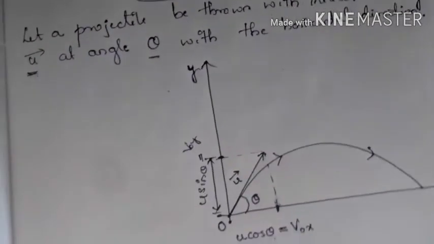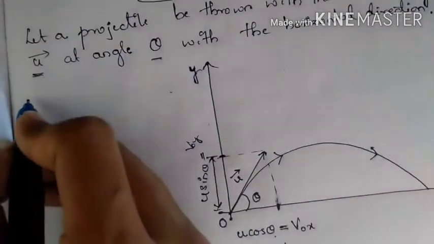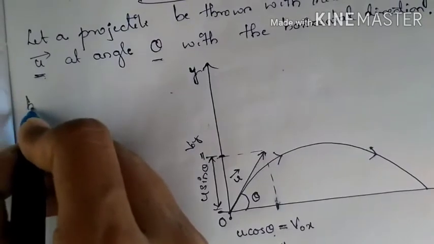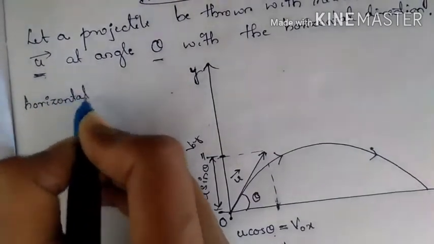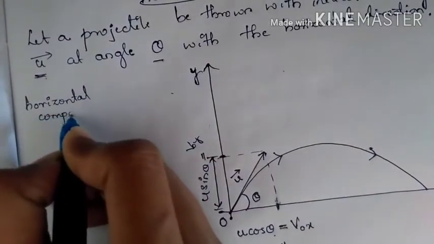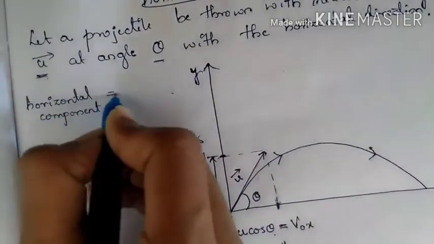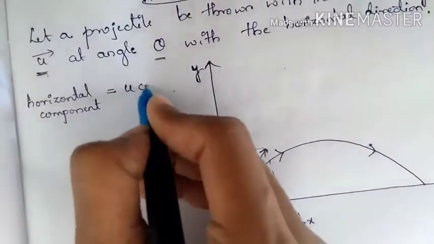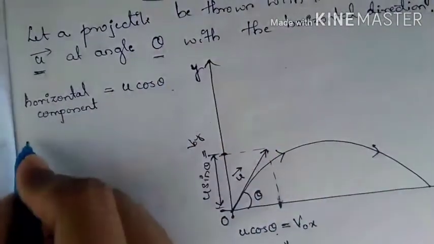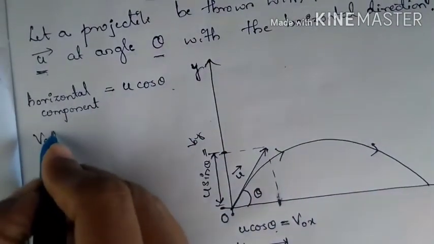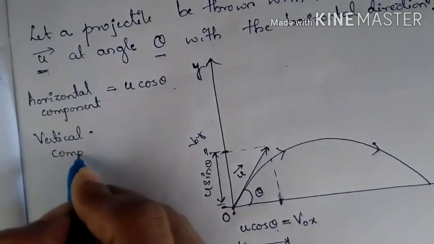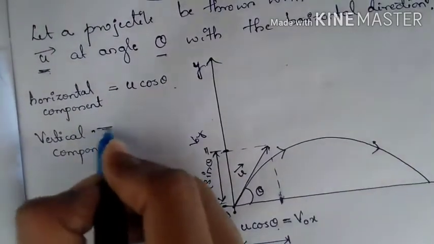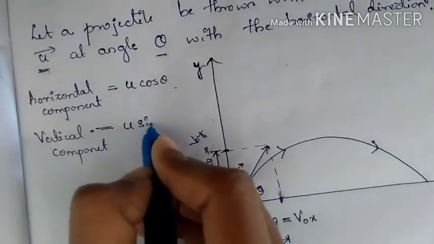Now if I write the horizontal component, that is equal to u cos theta, and the vertical component is equal to u sin theta.